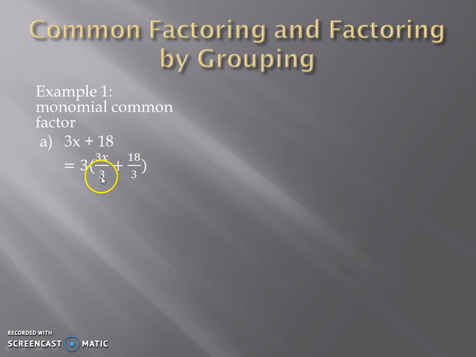So we divide both of these by 3, and we get 3 times x plus 6. Now remember, you always have to put the 3 in front to clarify this is equal to this, because if you do the distributive property, this would equal 3x, and this would equal 18.